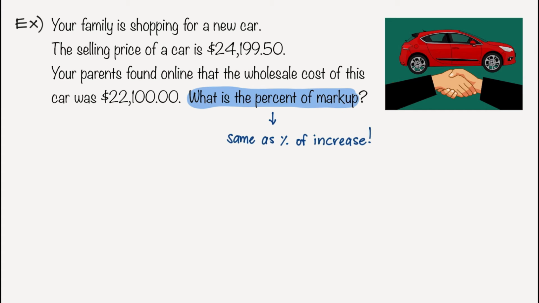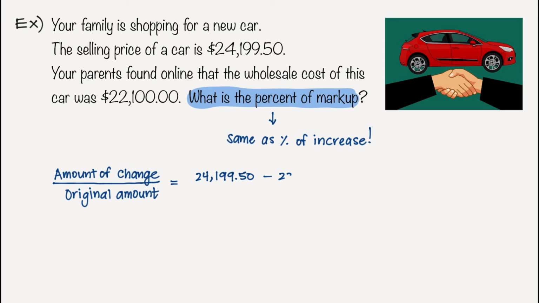So if you have forgotten how we found the percent of increase, all that we're going to do is find the amount of change, and then divide that by the original amount. If you forgot how we find the amount of change, we would just subtract the two values to find the difference between those. So $24,199.50 minus $22,100 divided by the original amount, which is that $22,100.